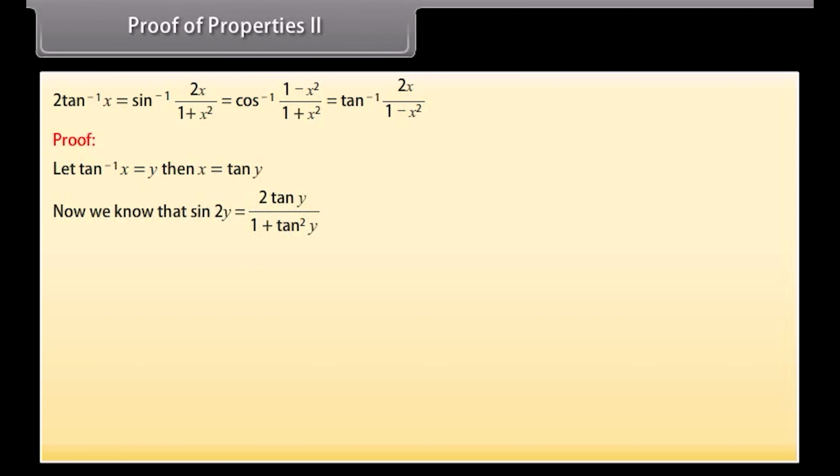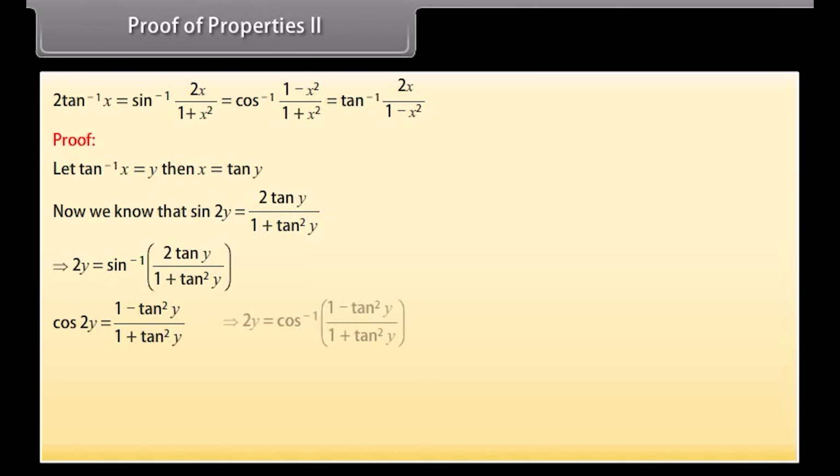Now, we know that sin 2y is equal to 2 tan y by 1 plus tan square y. It implies that 2y is equal to sin inverse of 2 tan y by 1 plus tan square y. Cos 2y is equal to 1 minus tan square y by 1 plus tan square y. It implies that 2y is equal to cos inverse of 1 minus tan square y by 1 plus tan square y.